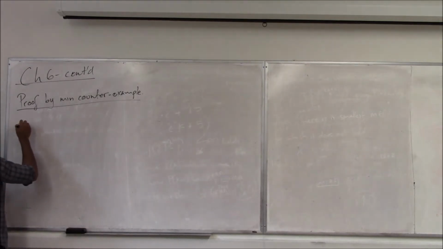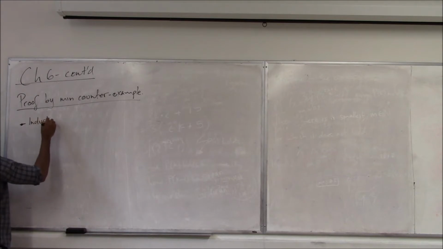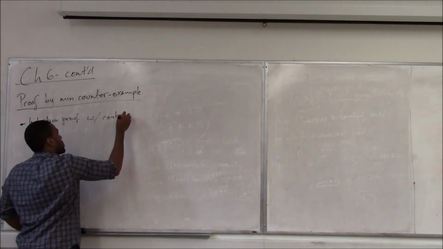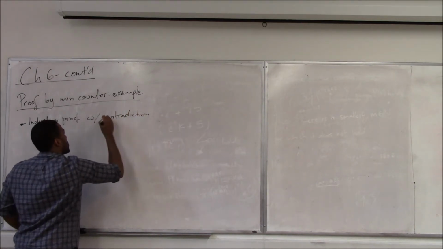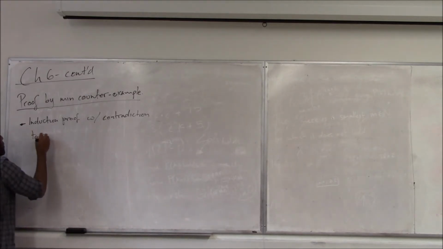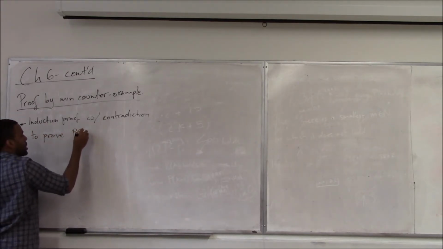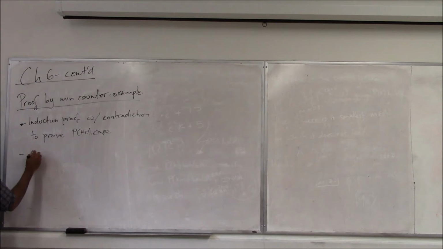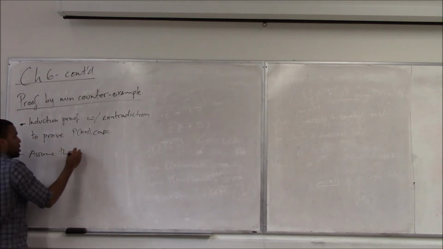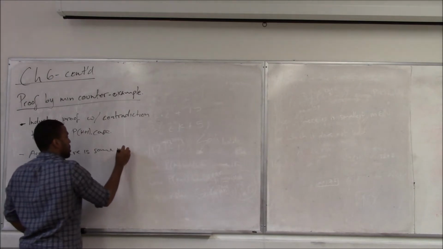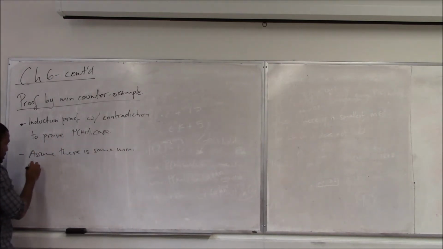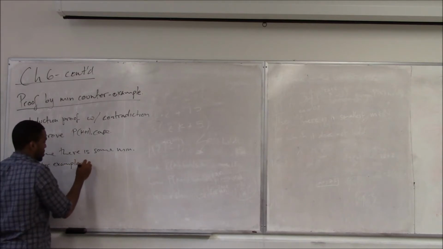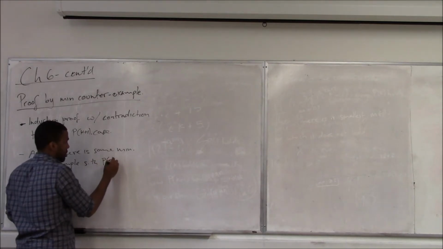So remember the idea here, it starts out as an induction proof with contradiction, to prove the P(k+1) case. Okay, so the idea is assume there is some minimum counterexample such that P(n) is false.